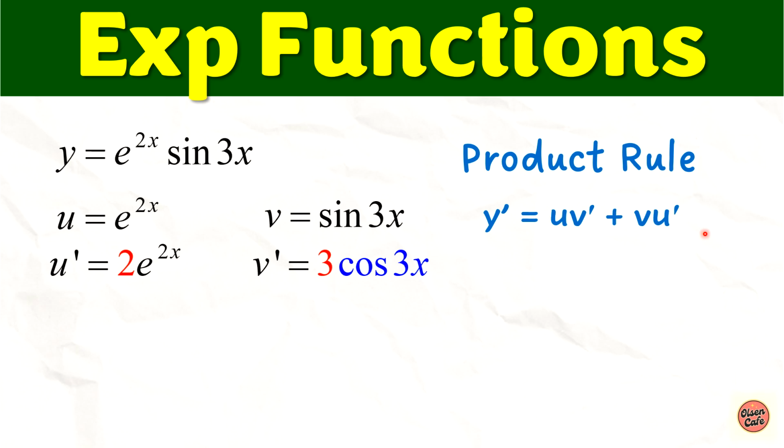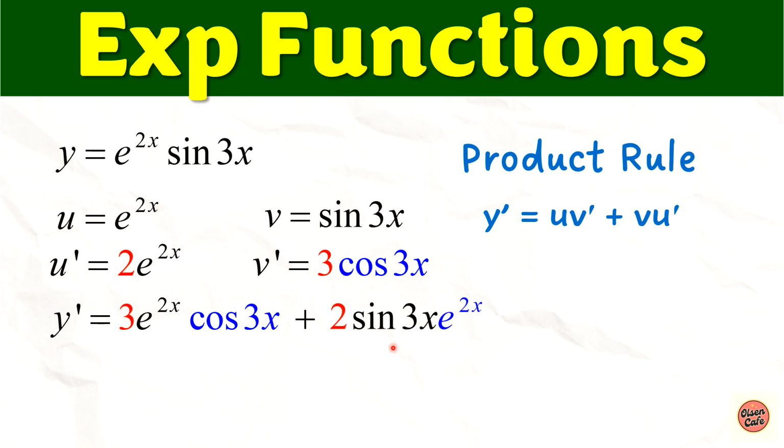Putting all these together using product rule, I'm going to have u, which is e to the power of 2x, times v prime, which is 3 cosine 3x. And then I'm going to add on the second half, which is plus v, which is sine 3x, times u prime, which is 2 times e to the power of 2x.